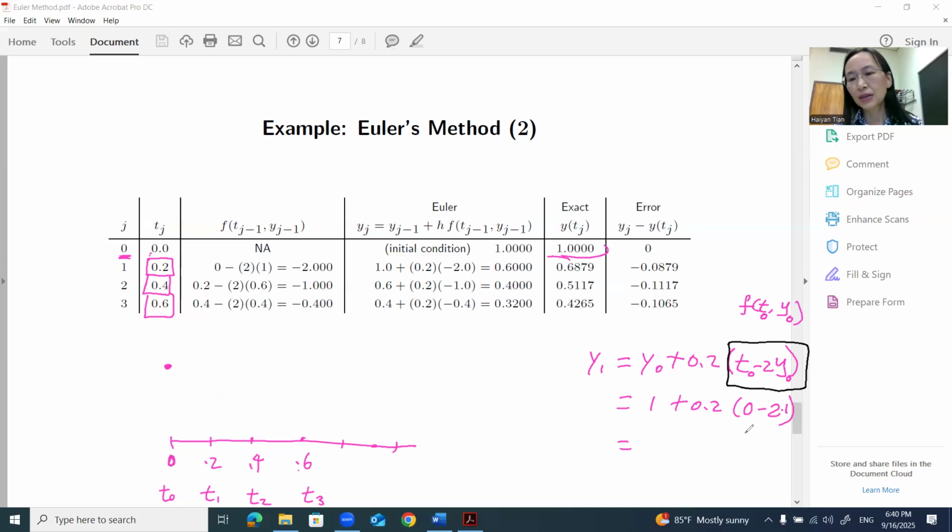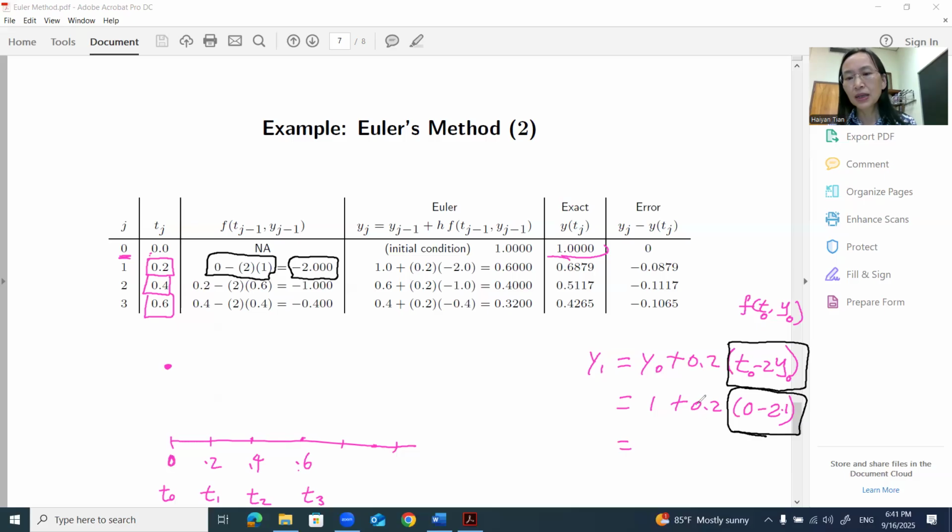When T0, Y0 values are substituted, we get 0 minus 2 times 1, which is -2. So this part is done.